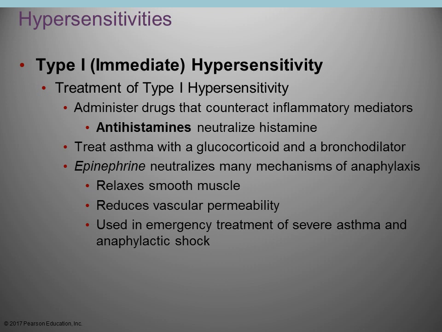Because the response causes constriction of the bronchial tubes, what you want to do is dilate them, increase the diameter to ease the breathing. And then, as I said a little bit ago, epinephrine in severe cases can be given.